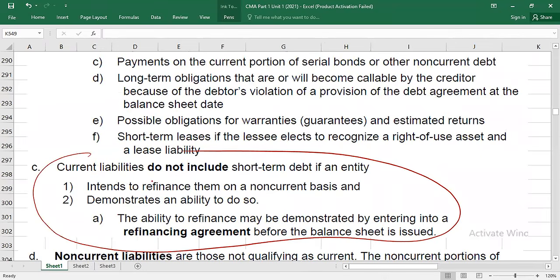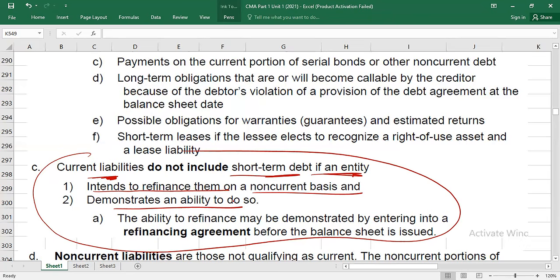Do not include short-term debt in current liabilities if an entity intends to refinance it on a non-current basis and demonstrates the ability to do so. Demonstrating ability means maybe you have already agreed with NBD and signed the contract.